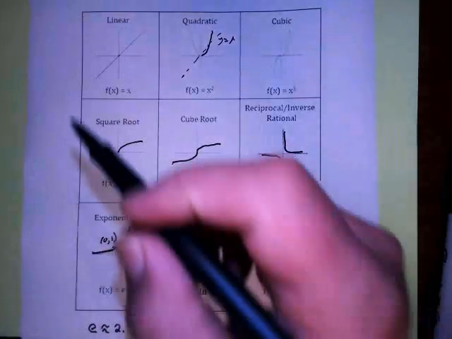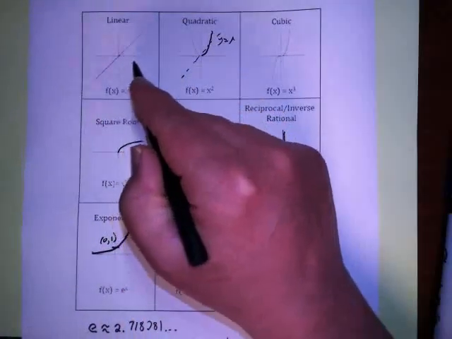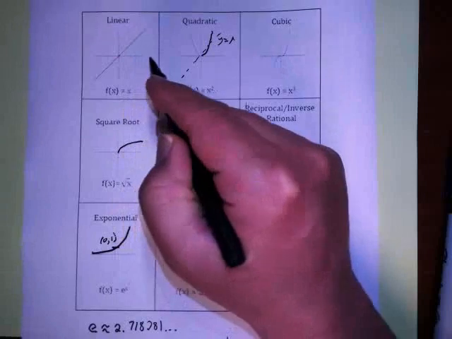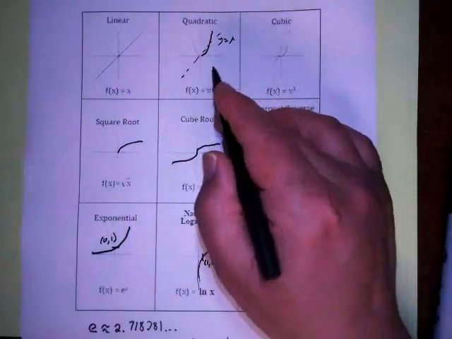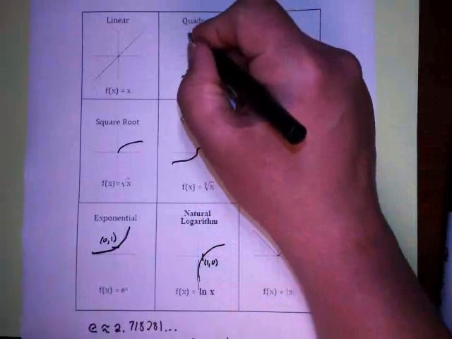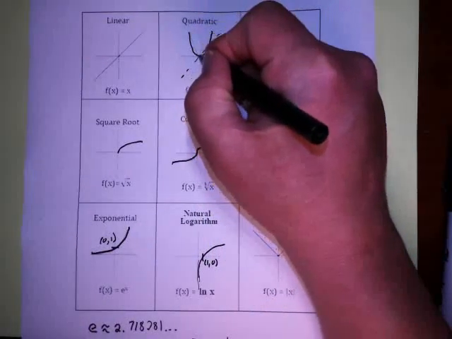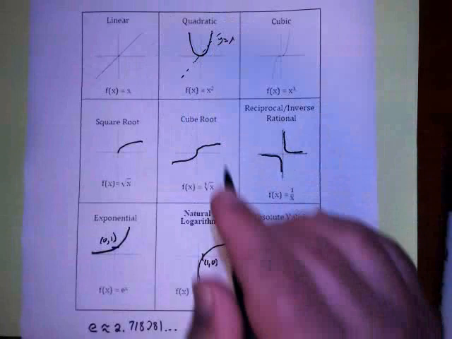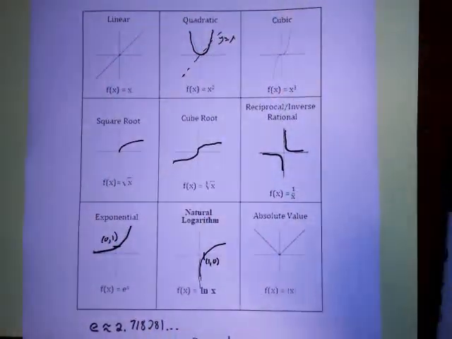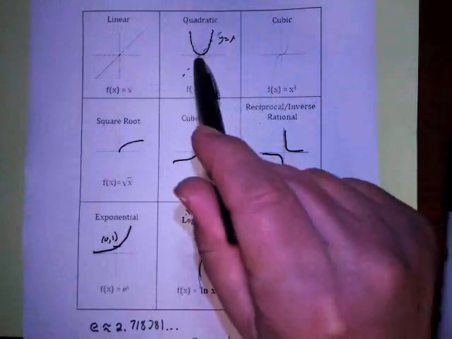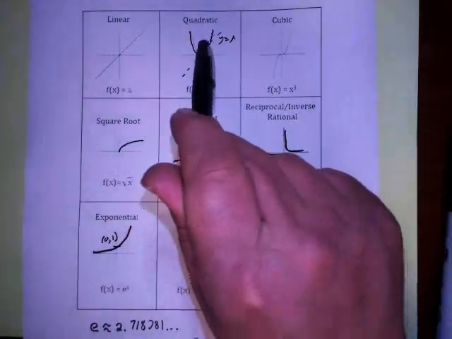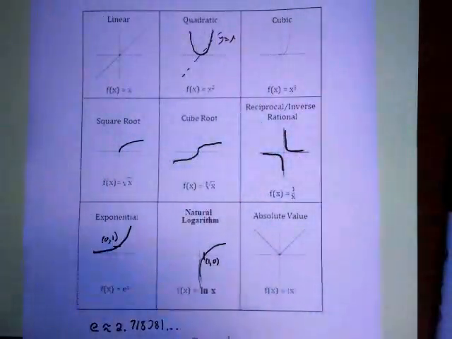Okay, so let's look here. The domain is negative infinity to infinity. The range is negative infinity to infinity. This one, you've got this parabola. The domain is negative infinity to infinity, no problems there. But the range here is from 0 up to infinity, including 0.